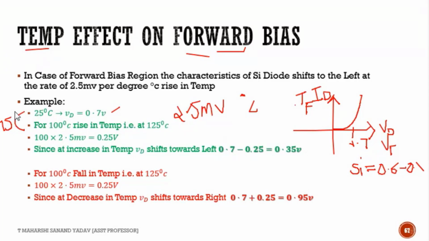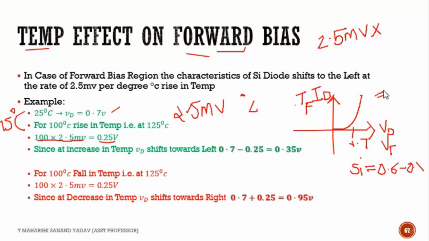Now if I increase this temperature, what will happen to this characteristic? According to this definition, per degree centigrade rise in temperature, there will be a 2.5 millivolt left shift. So simply 2.5 millivolt per degree centigrade. You can see it here. 100 into 2.5 millivolt will approximately give 0.25 volt.